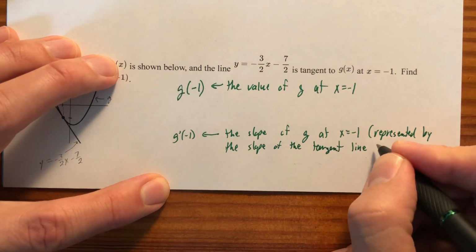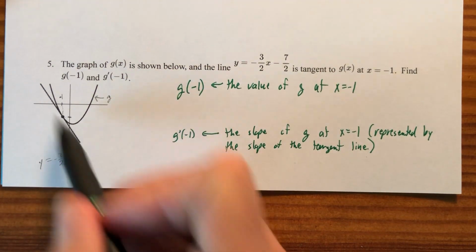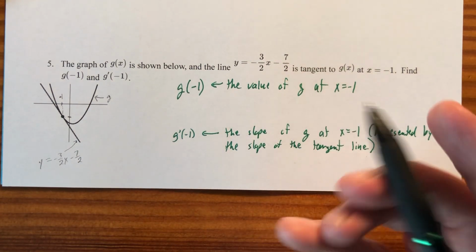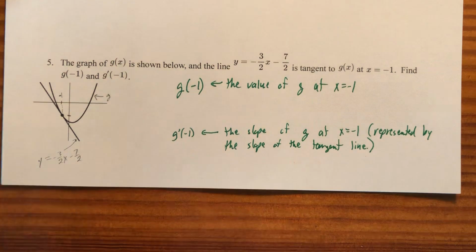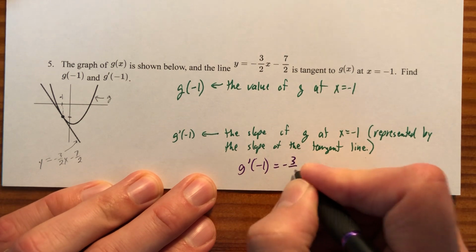Okay, well, let's just pause that thought right there. What is the slope of the tangent line? Well, here's the tangent line, and the slope is, well, -3/2. That's it. So don't make it harder than it is. Final answer, purple, no reason, just feel like it. g prime of -1 is -3/2.